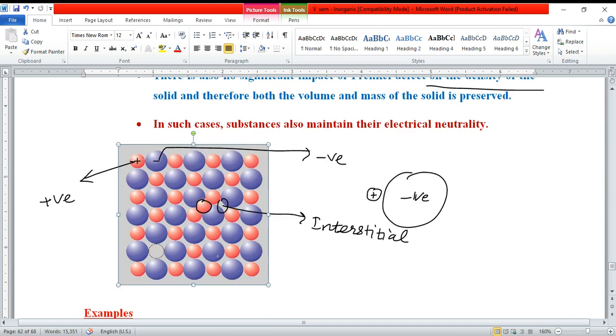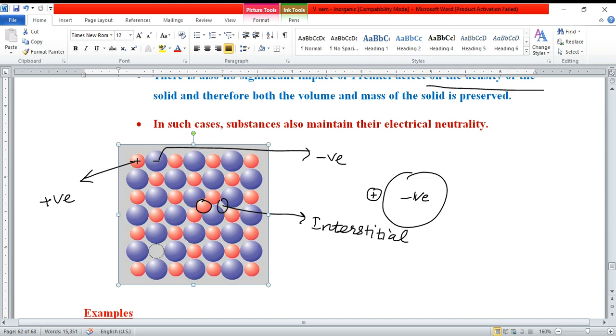the missing of positive ions is not leading to the permanent removal of the same positive ion from the crystal itself. It may be occupying the very nearest interstitial site. So with a given constant volume, the mass will remain.